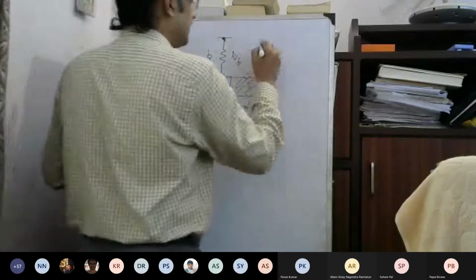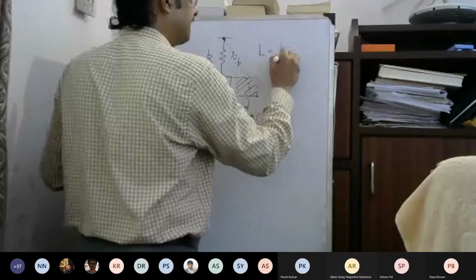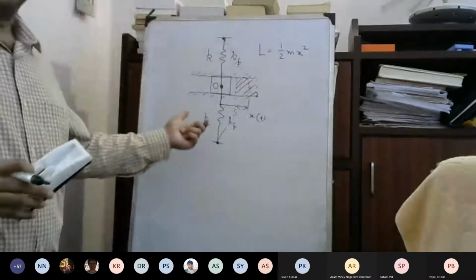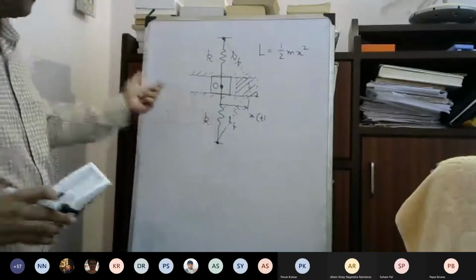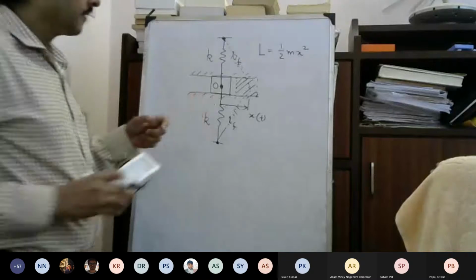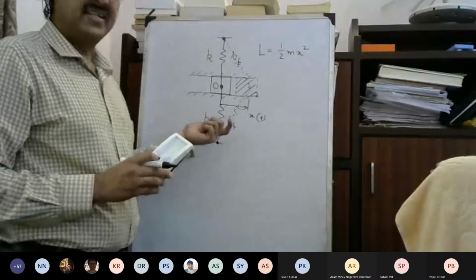Now, if I write down the Lagrangian, the kinetic energy will be half m x dot squared, and what will be the potential energy? Can you please tell what is the potential energy?